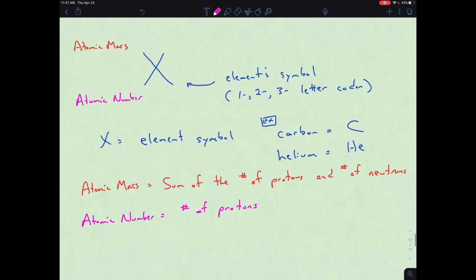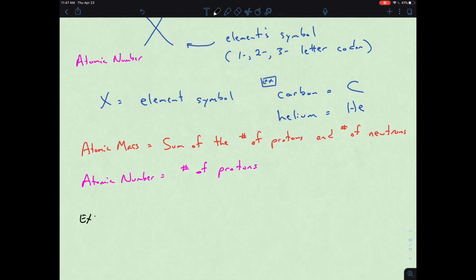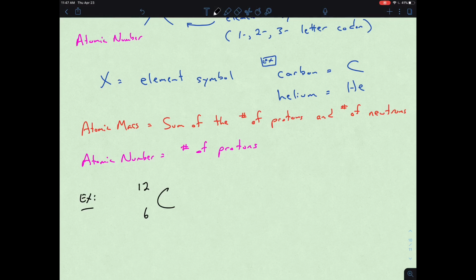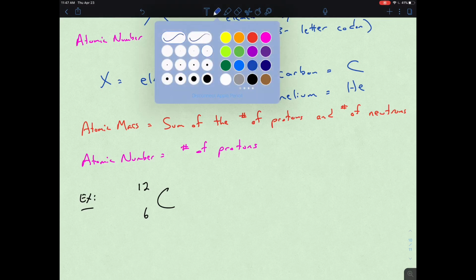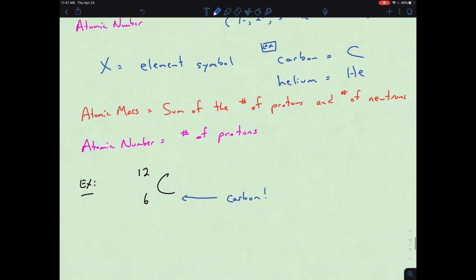So if we look at an example of this, we could look at carbon here with a C. That's what we get from the elemental symbol. We're talking about carbon.